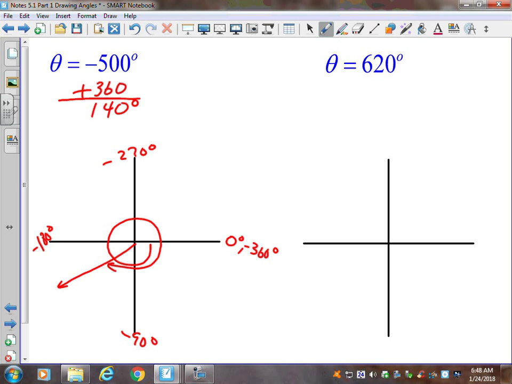So this is a beta angle of negative 500 because anything that's negative is always beta, and it falls in quadrant 3 because 140 normally would fall in quadrant 2 if it was positive, so negative makes it quadrant 3.